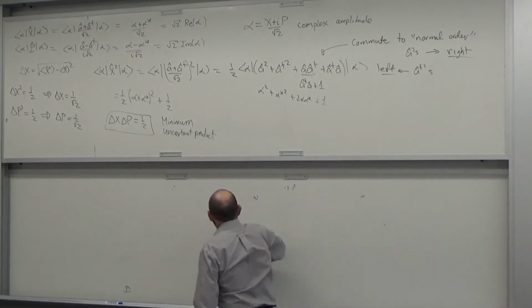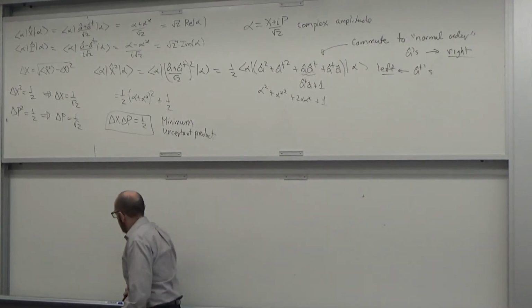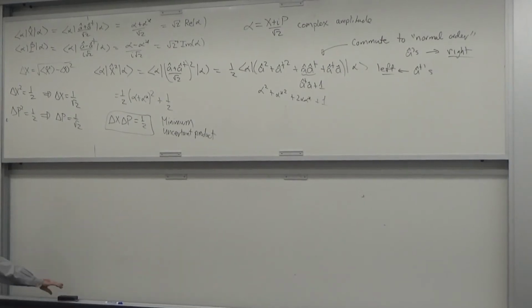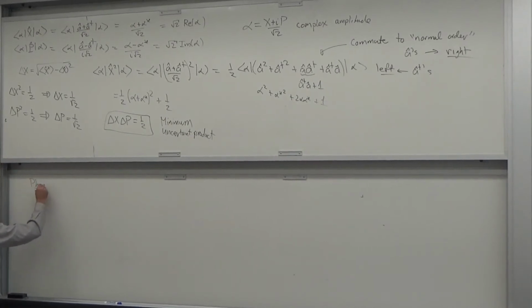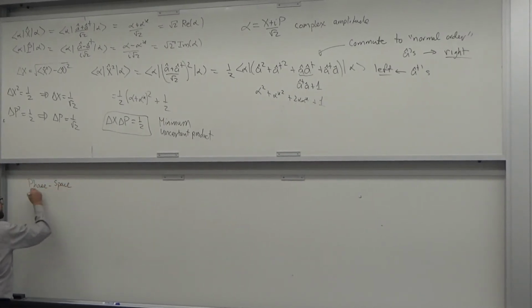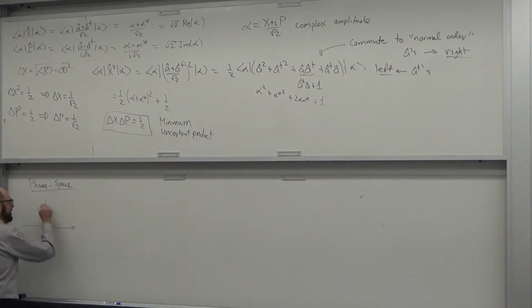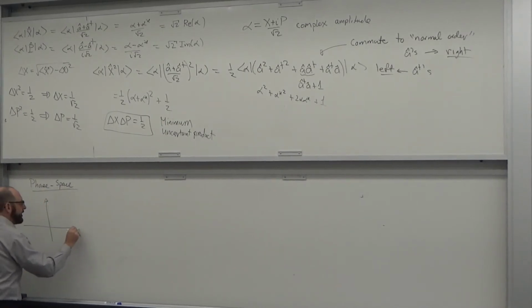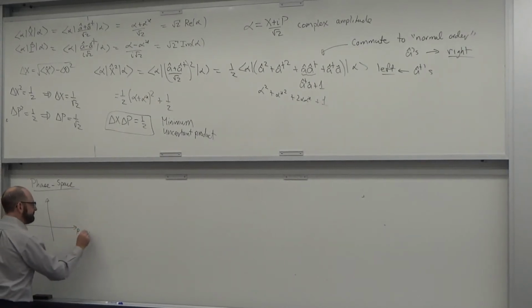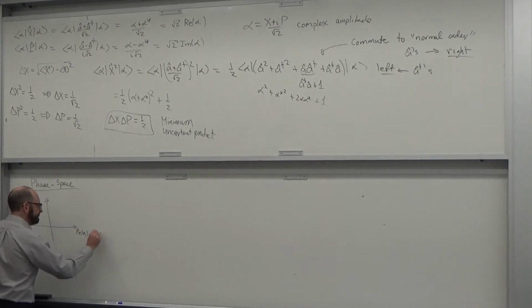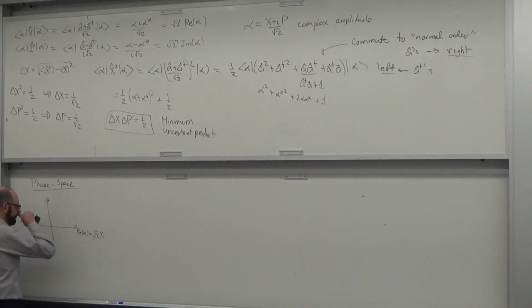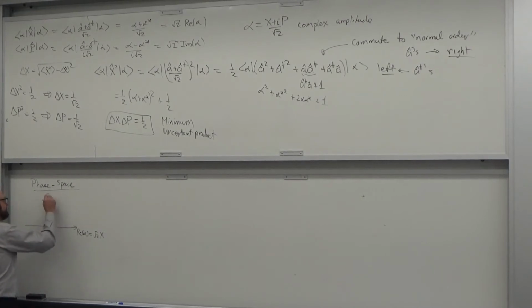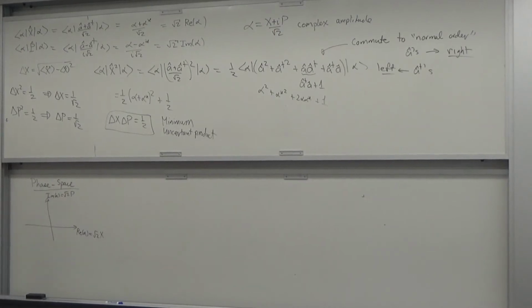In fact, we can think about this in a kind of phase space picture. So classically, we had a phase space with these funny factors of root 2, right?